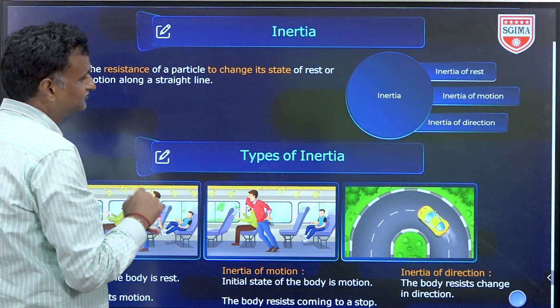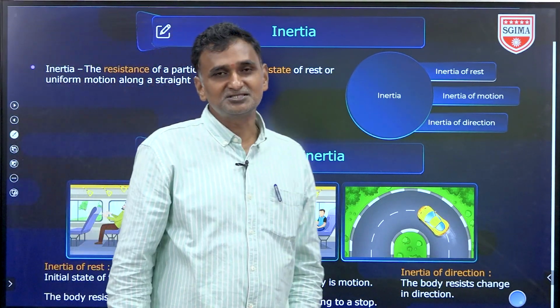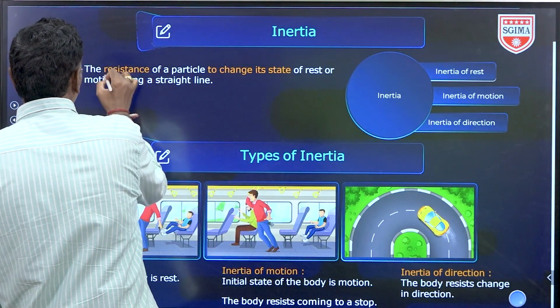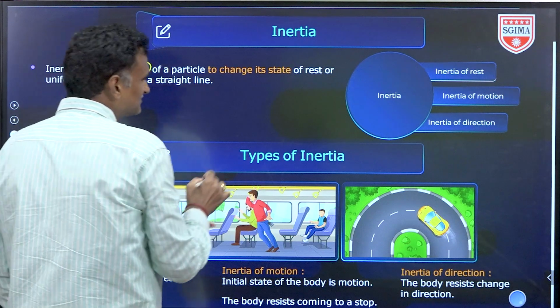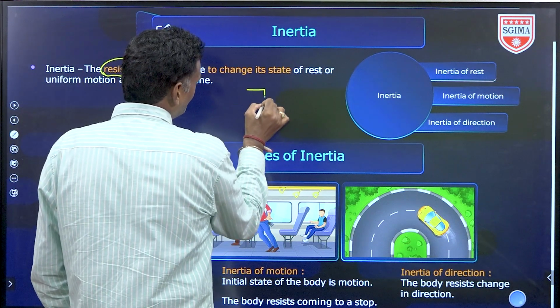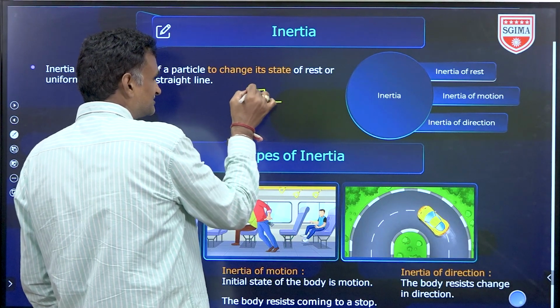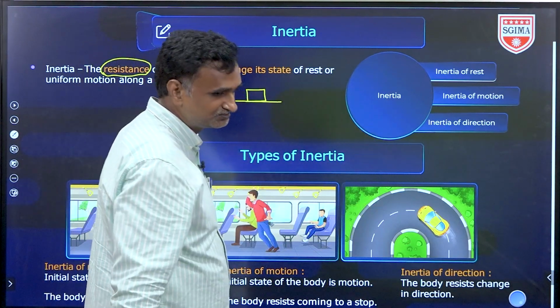For suppose a body is at rest, it resists changing its state of rest into motion.